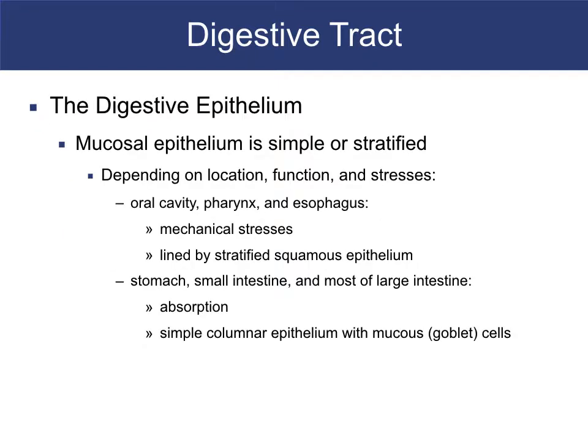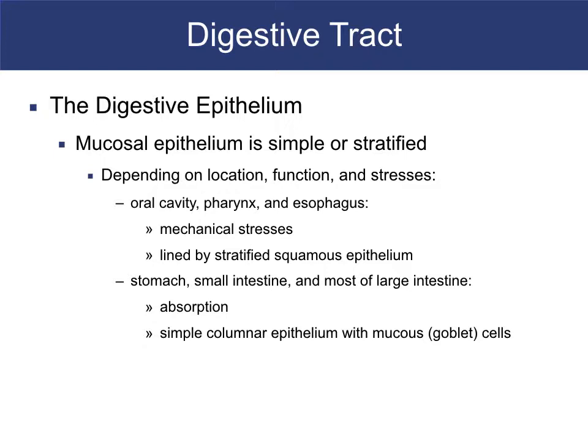Enough said. The mucosal epithelium is either simple or stratified. The only place that it's stratified is in the mouth and the pharynx and the esophagus. Why is that?